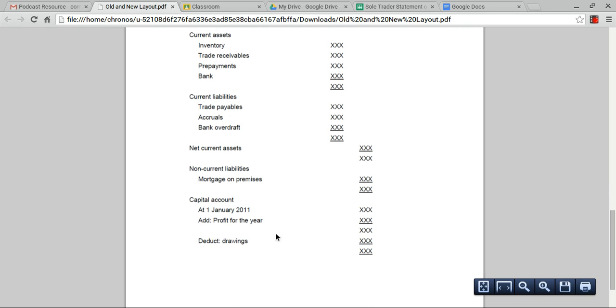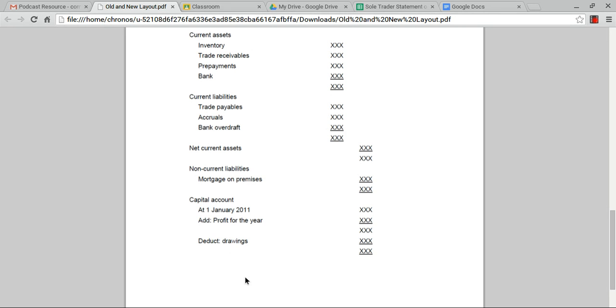This calculation here, that's exactly the same as we do on a statement of financial position with the capital for a sole trader. So that bit hasn't changed. It's these figures here, your non-current liabilities, your current liabilities, they fall in below the capital section and get added together.